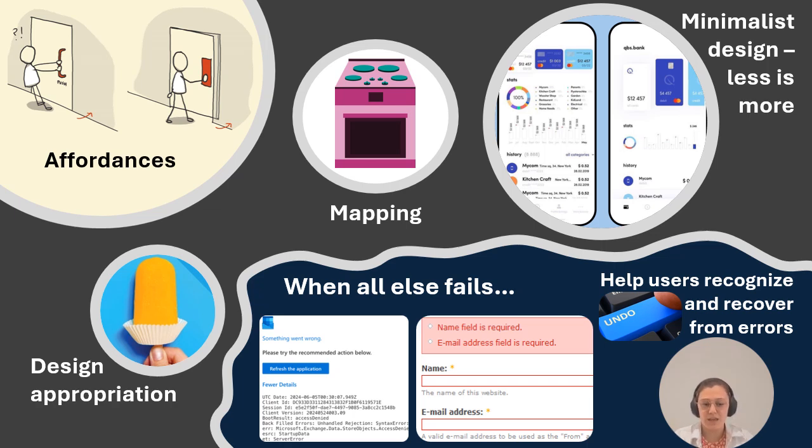If you refresh the application and it still didn't work, that's going to be really confusing, and you're going to be like, well, what do I do? So having specific error messages can be really, really important for this.